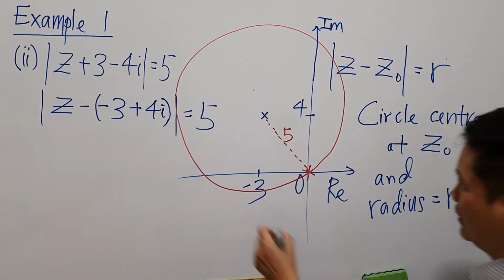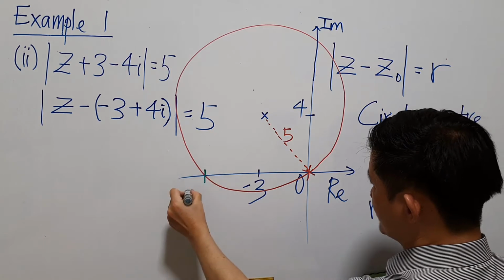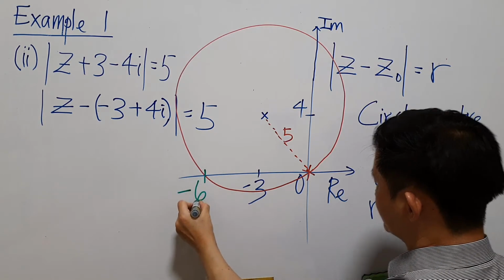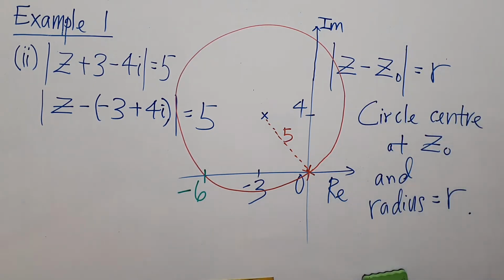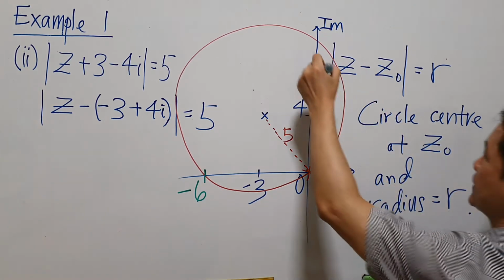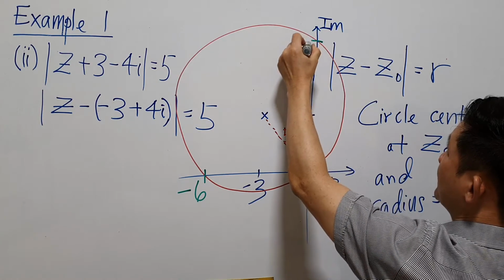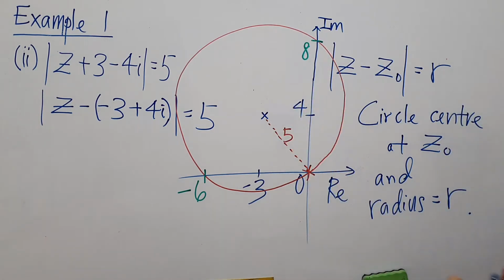By symmetry, you can guess that this point is actually -6. And likewise, by symmetry, this point has to be 8. If it's not too hard to add in this additional information, you should put it down.